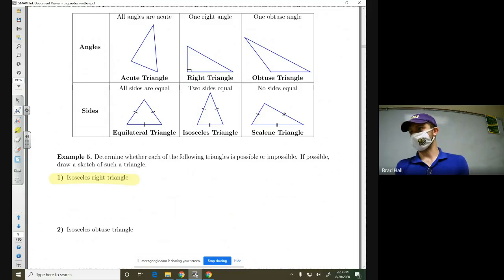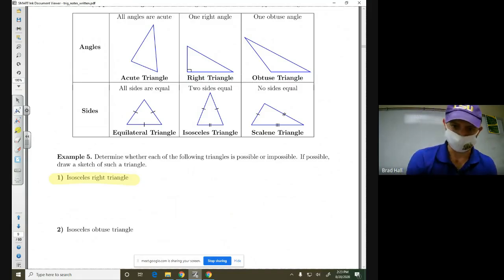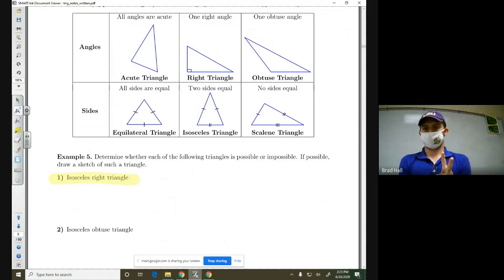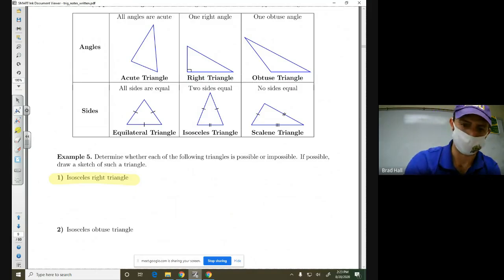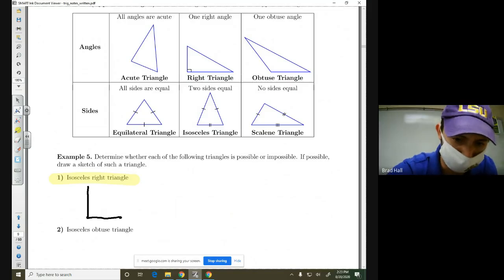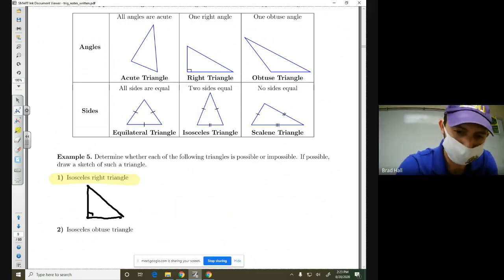The answer is, yeah, we can do that. Isosceles means two of the sides have to be equal. The right triangle has 2 legs and a hypotenuse, which we'll talk about later on. So these 2 sides can be the exact same, and then the hypotenuse would be a different one.